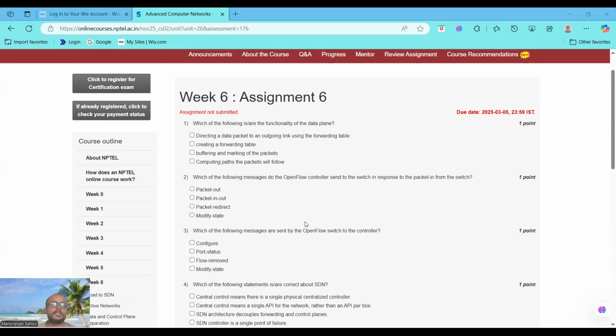The first question is asking: which of the following is or are the functionality of the data plane? Four options are given. Out of the four options, we can choose directing a data packet to an outgoing link using the forwarding table, and buffering and marking of the packets.